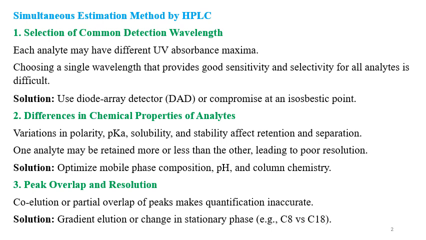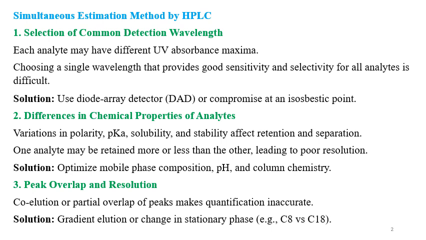This is the challenge. Solution is to optimize the mobile phase composition, selecting suitable pH and selecting suitable column is the solution to this problem of differences in chemical properties.